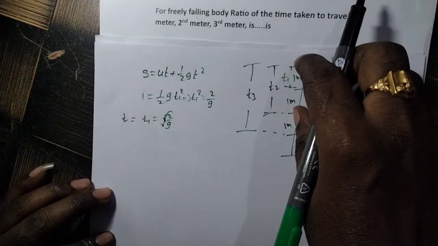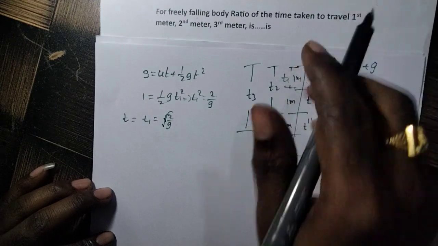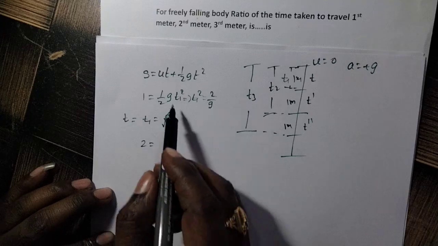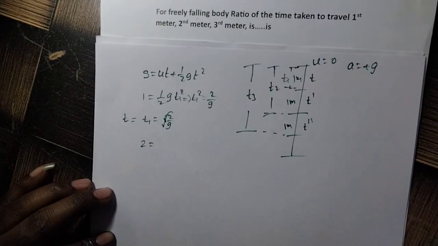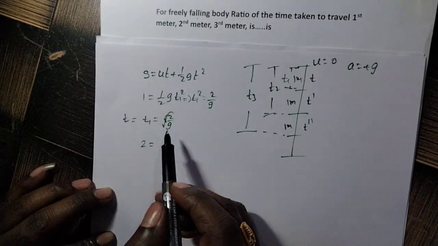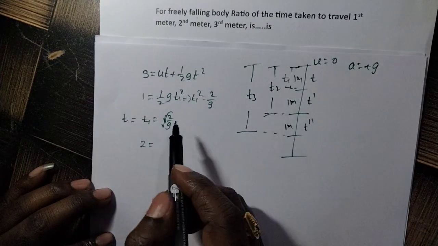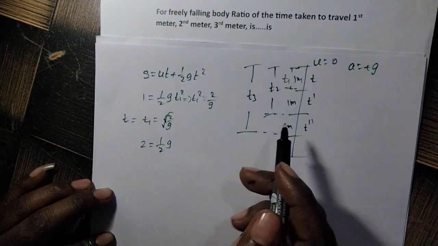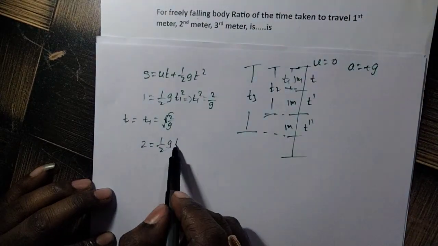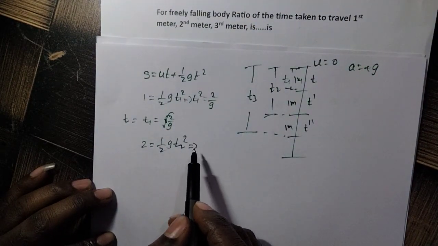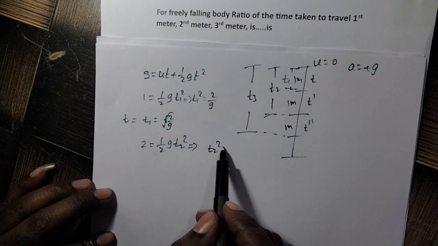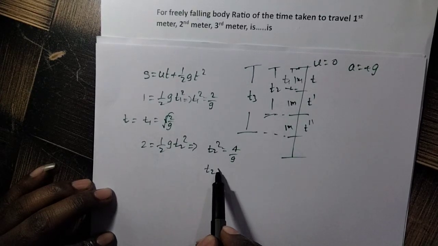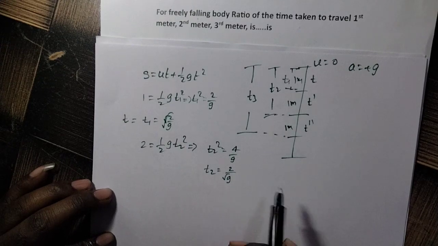And for t2, for 2 meters, what is the time taken? s equals ut plus half g t square. 2 meters equals 0 into t, 0 only, plus half g t2 square. So t2 square equals 4 by g, then t2 equals 2 by root g.